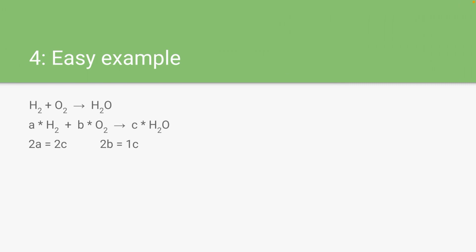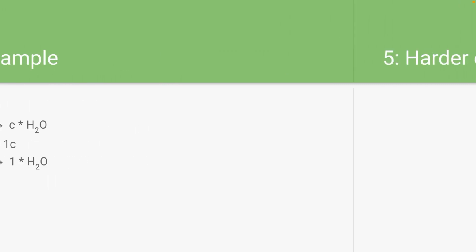And 2B equals 1C because 2 oxygens, 1 oxygen, but they've got to be the same. So I've assigned C again as 1. So that's 1 H2 plus 2 O2 equals 1 H2O. Nice and easy. You don't have to multiply anything. Just put it there. So that's the easy example.